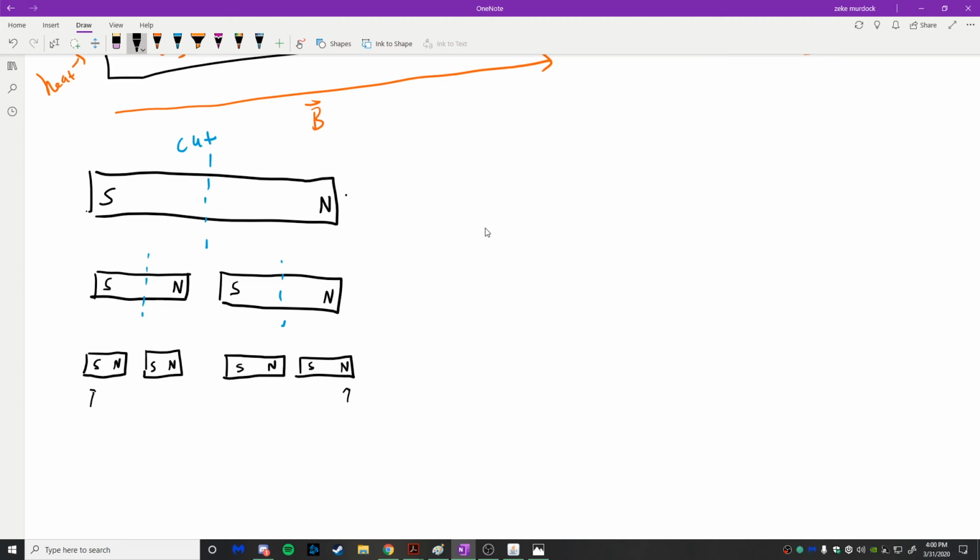Now, one thing that people have wondered since they first started understanding these things is, is it possible to actually isolate one of the poles, okay? So is it possible to keep doing this cutting process and isolate one of the poles? We'll say a single north pole. Or south pole.